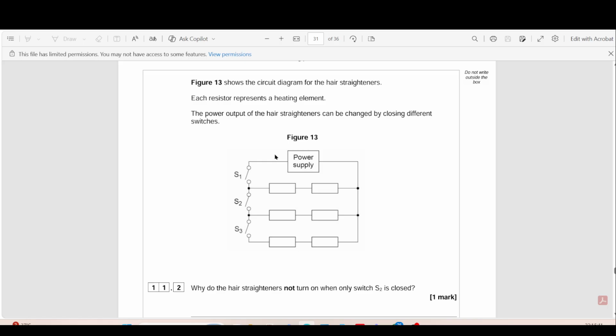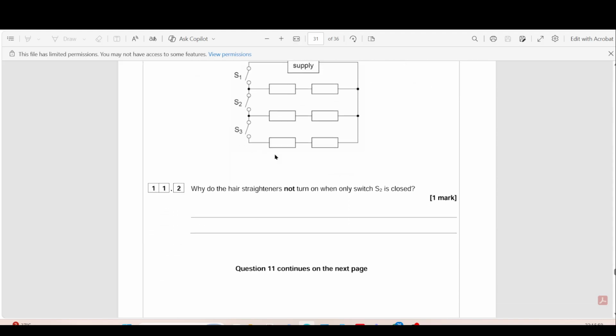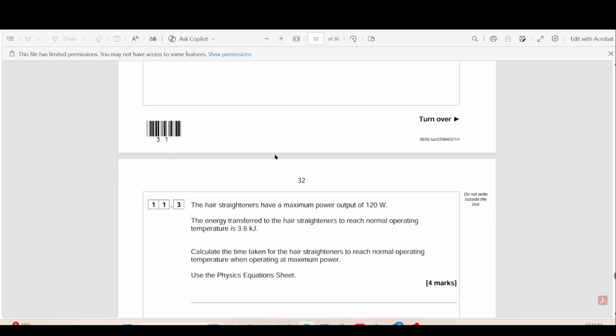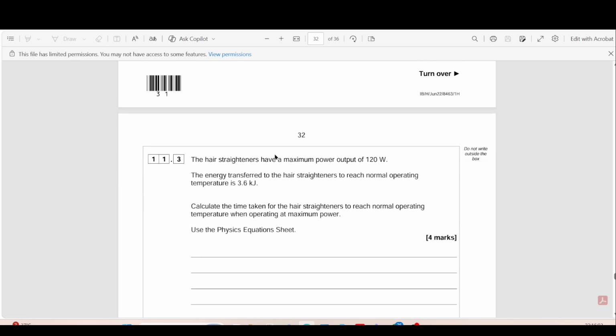It is an incomplete circuit, so current will not flow.